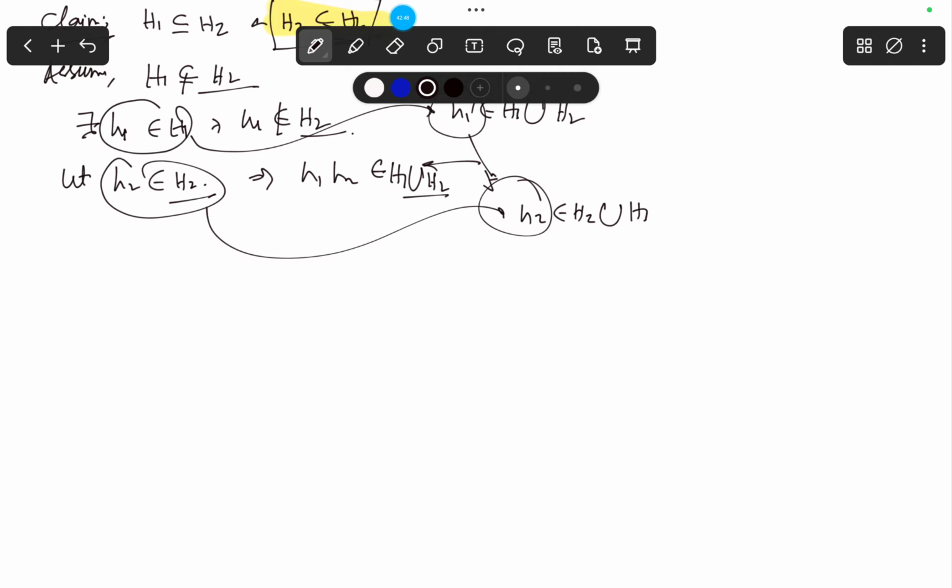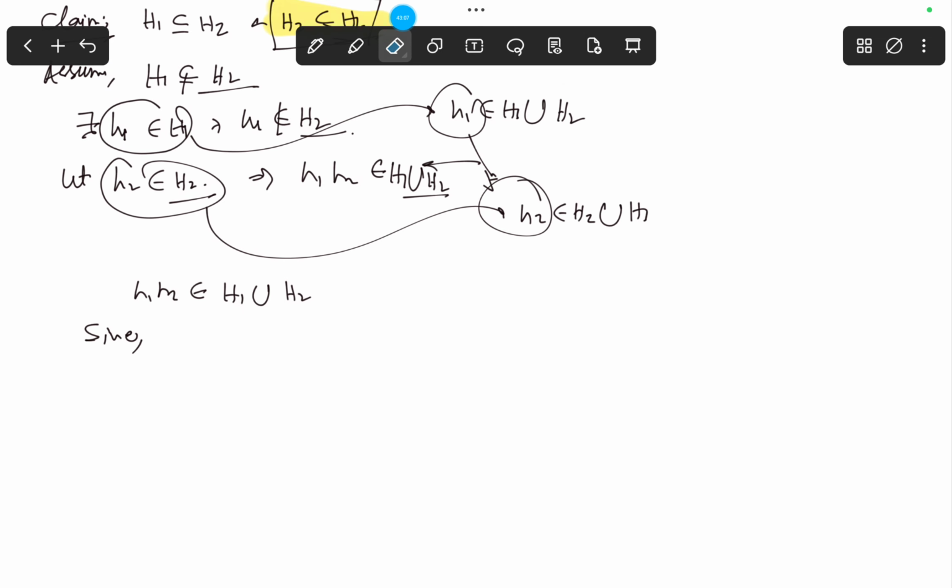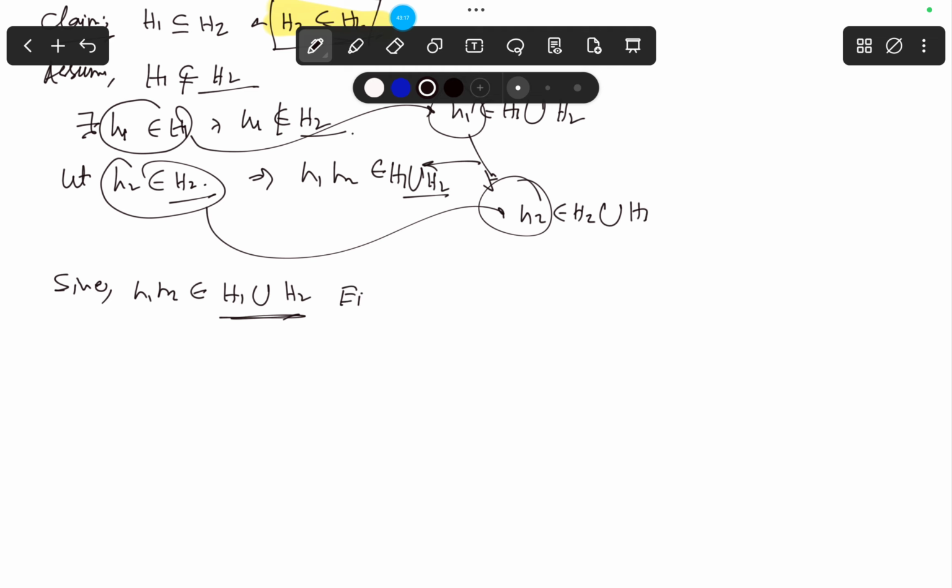Now we have that h1 h2 is in capital H1 union capital H2. Since it is true, we have that either h1 h2 is in capital H1 or h1 h2 is in capital H2.